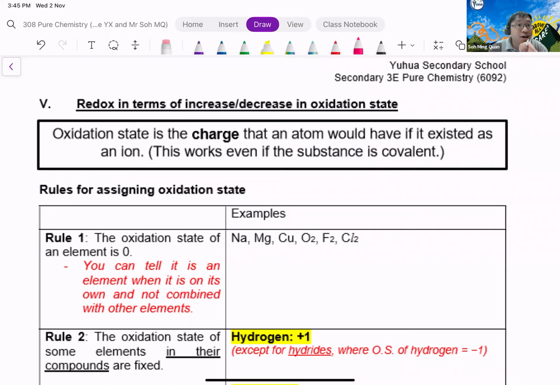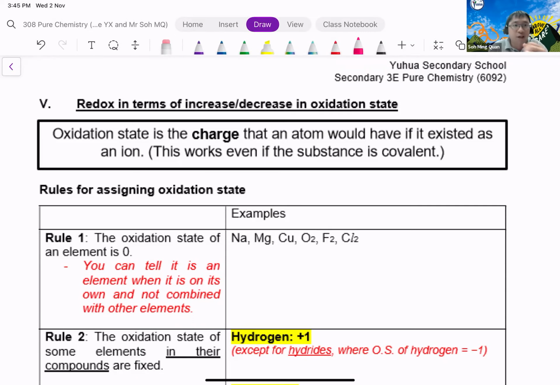Oxidation state is actually a concept that was invented by scientists to help us understand reactions better. So it's really a concept that's invented. It's not something physical that you can measure. Of course, there are ways to get more information about oxidation states through experiments, but it's not something that you can use a ruler or thermometer to measure.